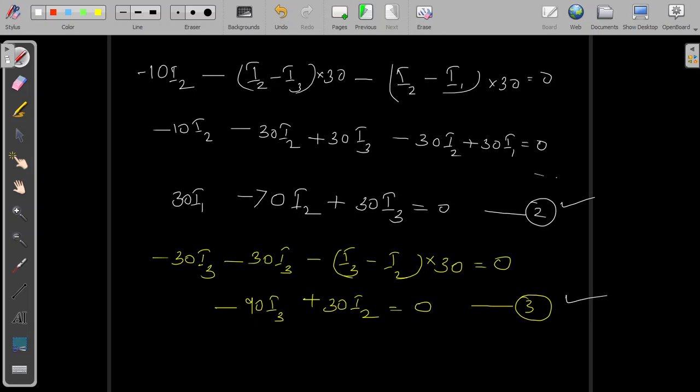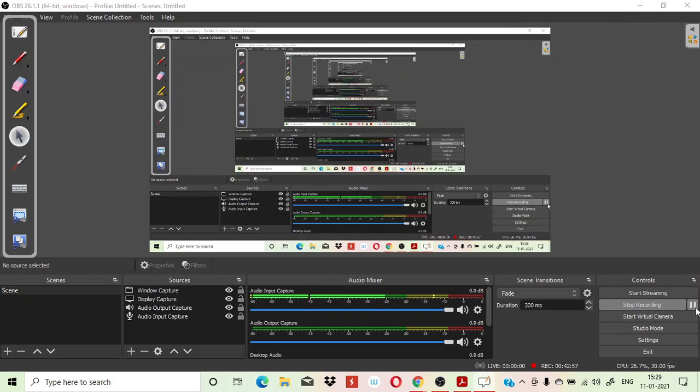So solving equations 1, 2 and 3, you can do it by using your calculator and also by substituting for this I1 here from previous, then you will get the answers for I1, I2 and I3. Yes, let me use my calculator first of all.